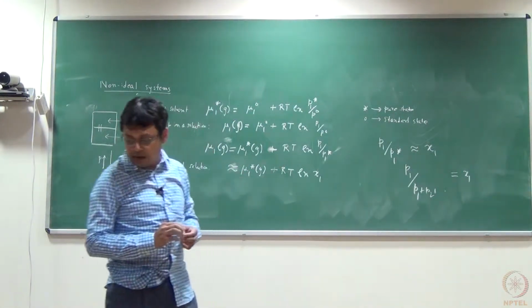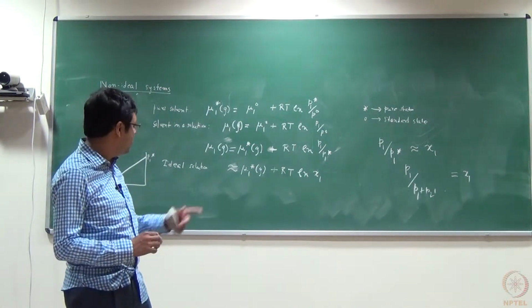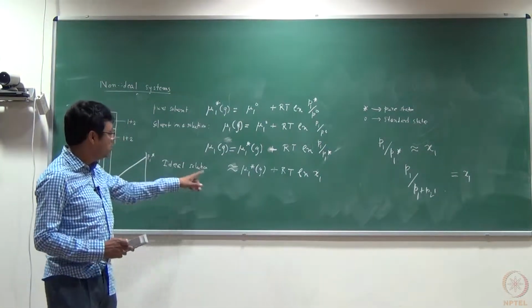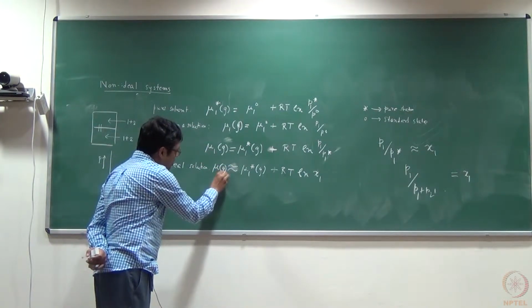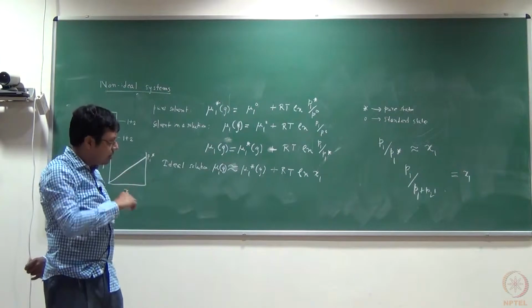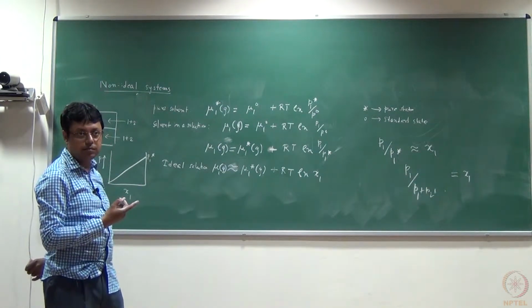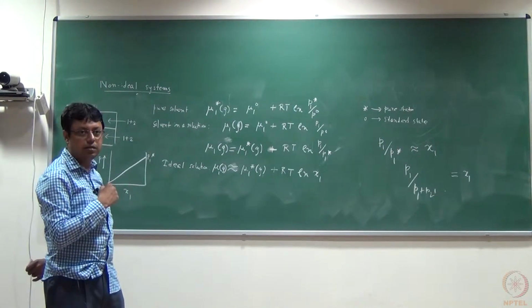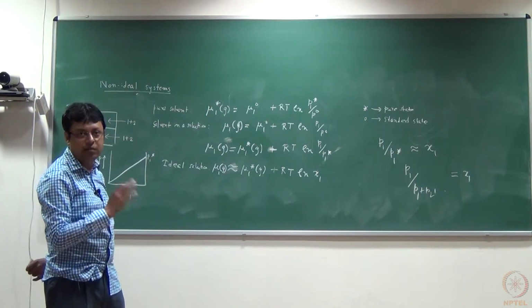Similarly, I will also make here a kind of ad hoc comparison. This is for real solution, where I get mu1 in the gas phase is mu1 star plus RT ln x1. In the real system, instead of the mole fraction, I'll have another quantity which is known as activity.